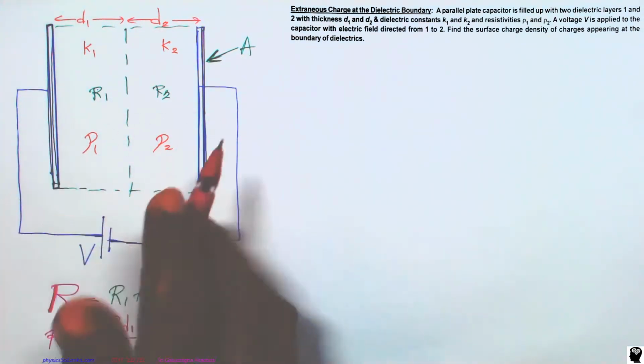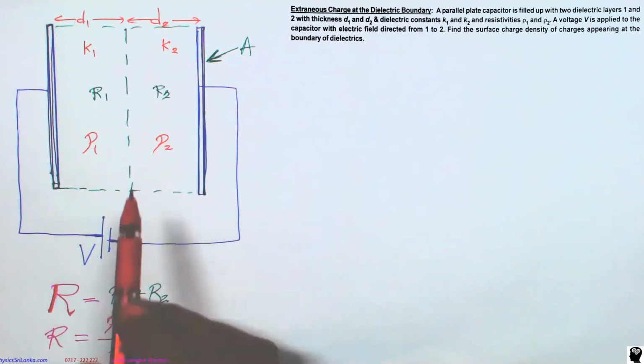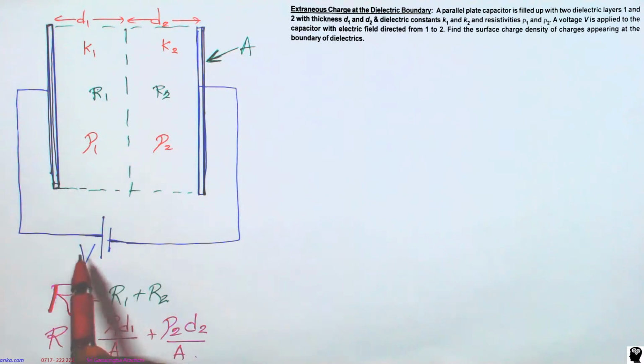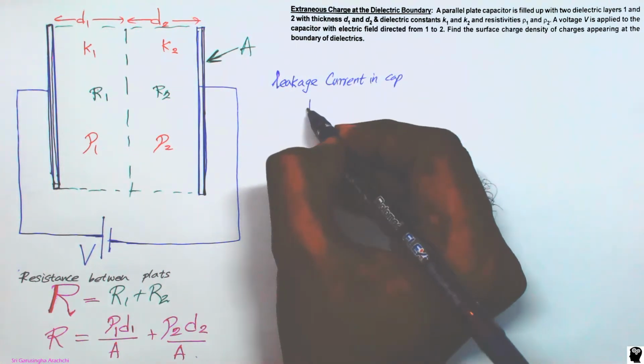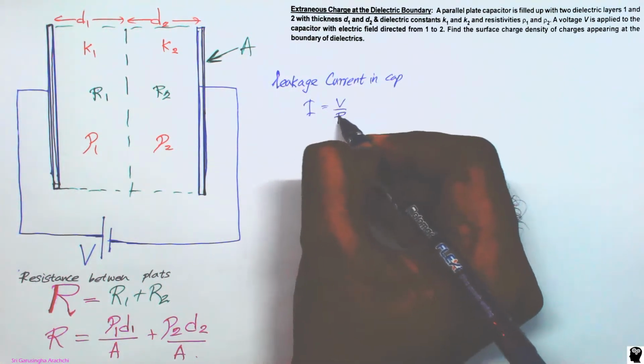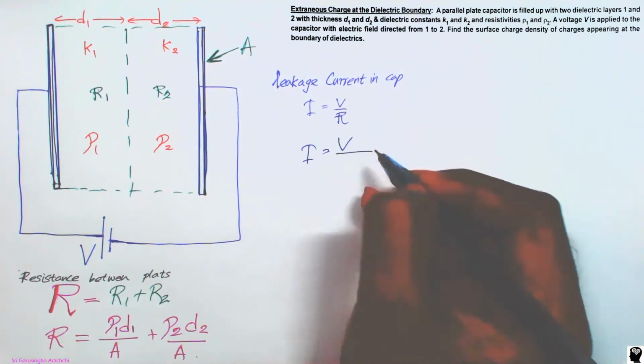As we have resistance, a constant leakage current will flow, as a constant potential difference V is applied across these parallel plates. So we can calculate the leakage current in the capacitor from V equals IR, so I equals V divided by R.